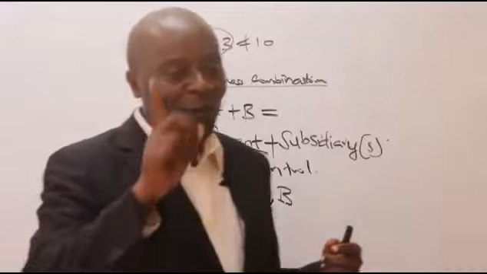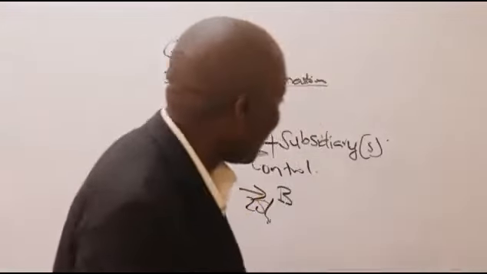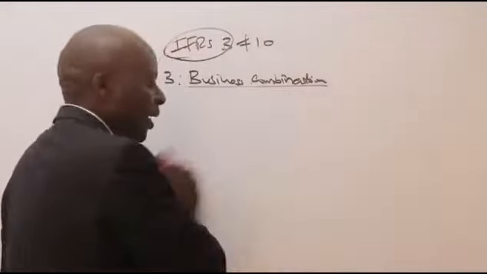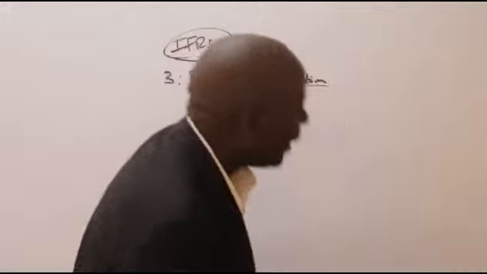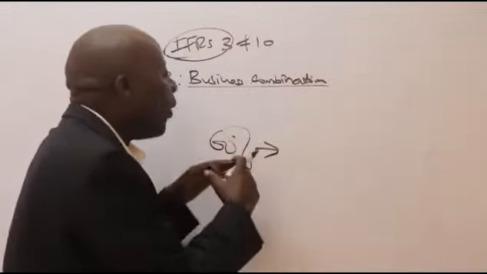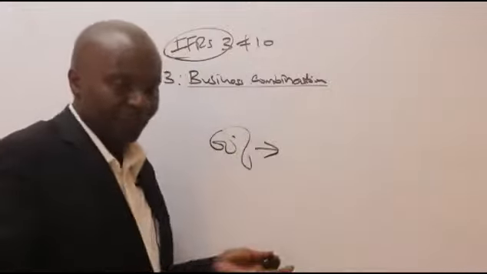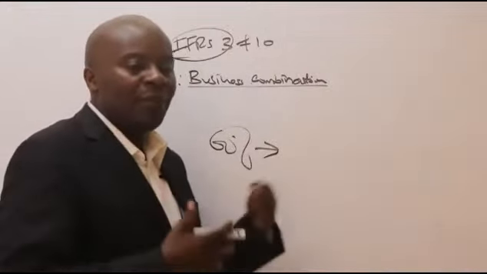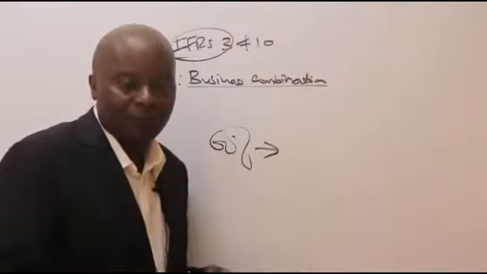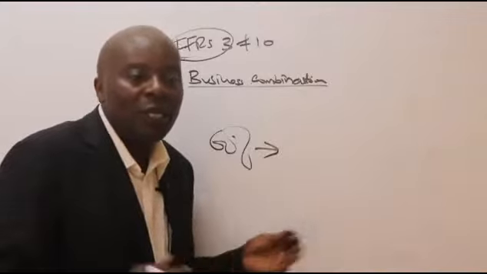There's another language I've always seen these examiners use. They'll tell you that A has got 40% of B, and that the remaining 60% is widely distributed, perhaps amongst 100 shareholders. At times they even tell you equally.